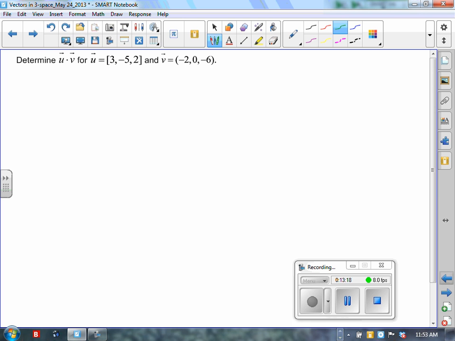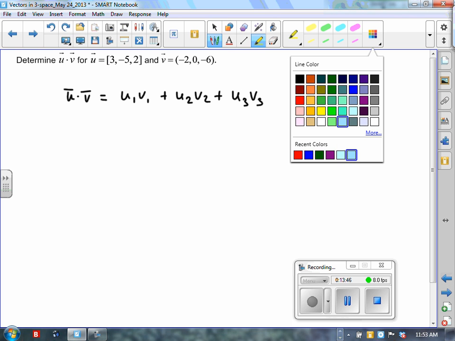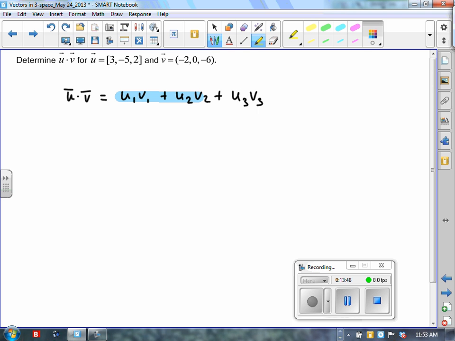But if we just take this example quite quickly, the dot product u dot v, in general, is simply going to look like u1 v1 plus u2 v2 plus u3 v3. So beforehand, when we were working in 2-dimensional space, recall that we simply would have had these. And now that we're in 3 space, we're going to have all 3.